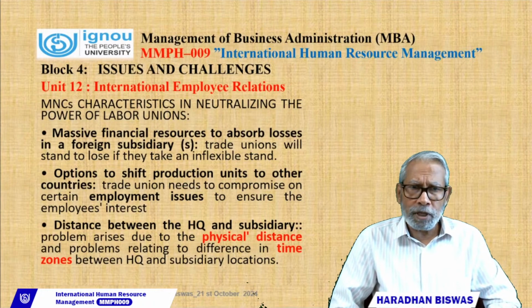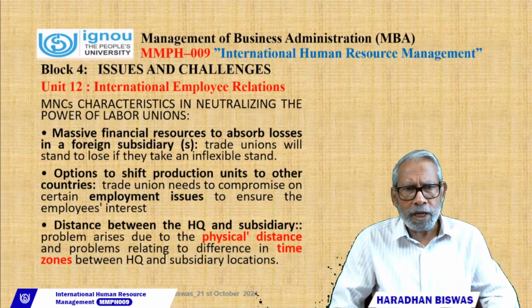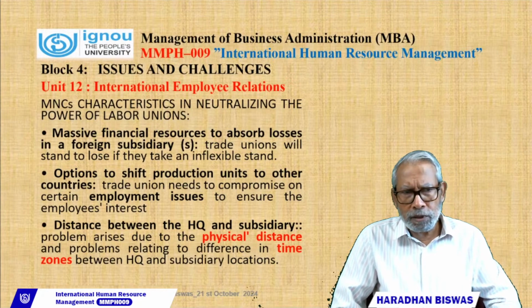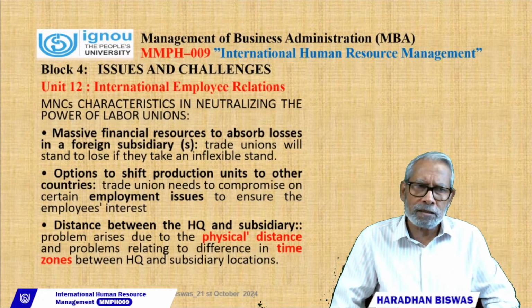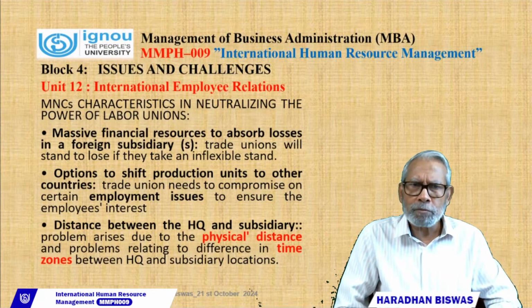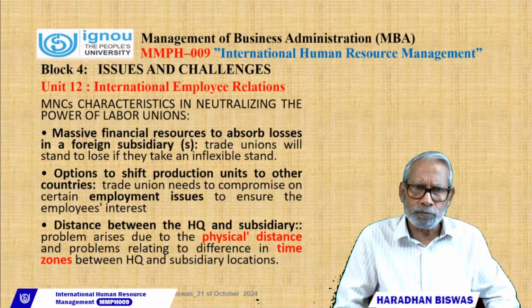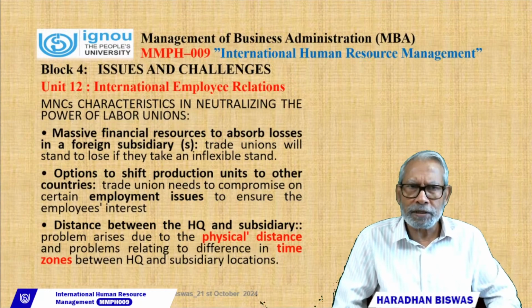Then the distance between the headquarters and subsidiary is another characteristic. Sometimes the subsidiaries are very far away, and problems arise because of the physical distance, logistics and supply chain problems, and problems relating to different time zones, because the timing in European countries and the Americas is different.